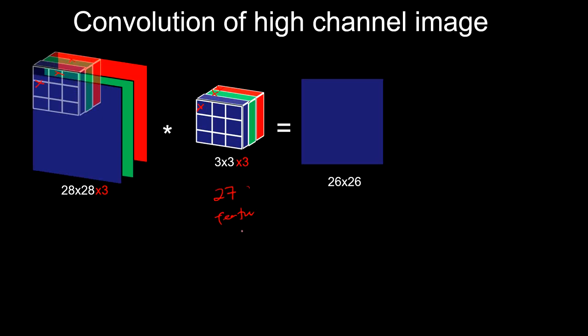So you will have, let's say, convolution 1 plus convolution 2 plus convolution 3, and so on until convolution 27. You just need to sum up everything. So this is the output of the convolutional process.